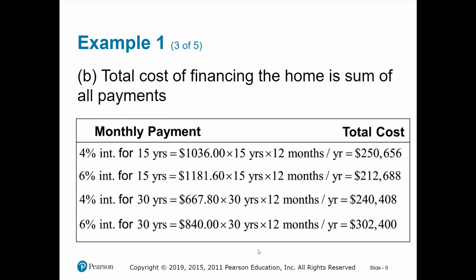And if you break it down, you're going to keep seeing the differences. Obviously, the best option for this particular situation would be the 6% for 15 years, if they can afford it, would be $212,688 total.